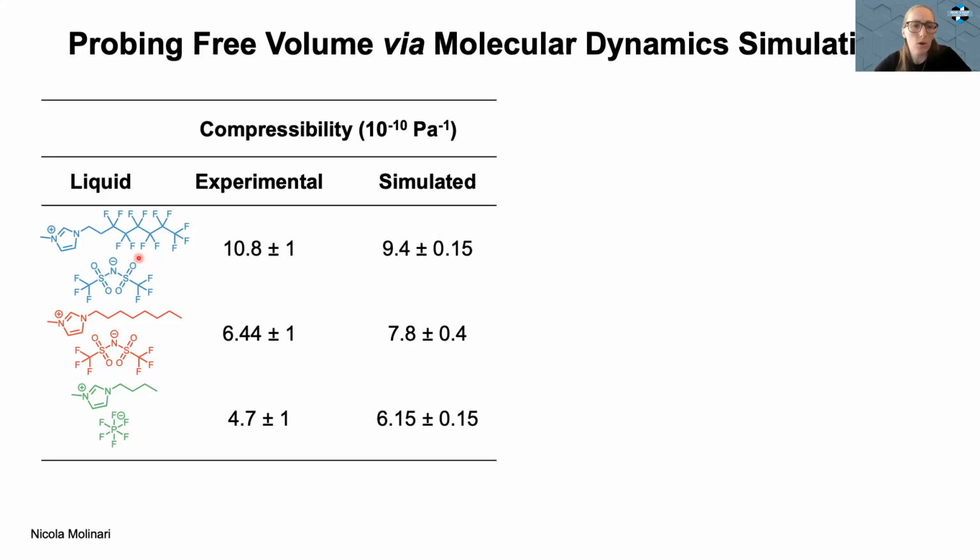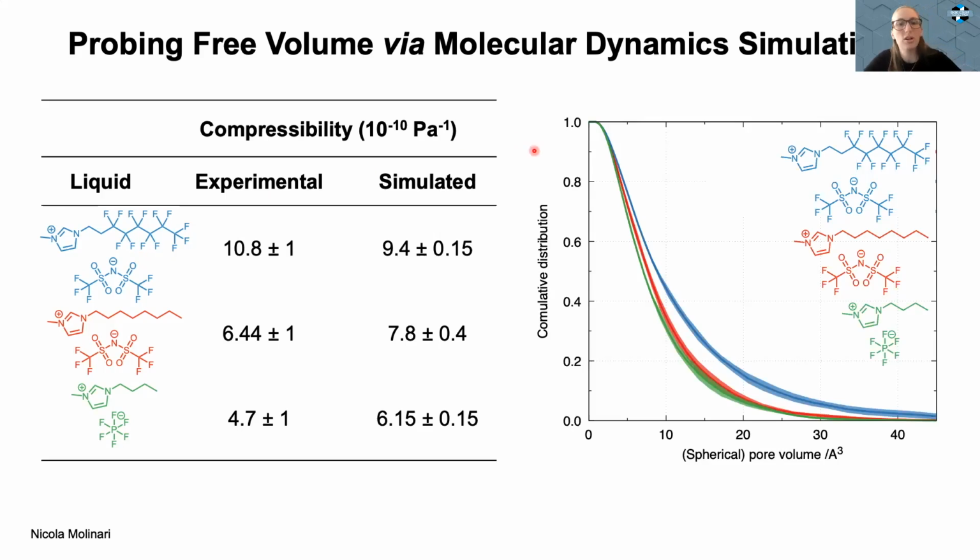Then Nicola went one step further and actually simulated the void distribution of the ionic liquids. Here, I'm showing the relative proportion of voids in each ionic liquid as a function of size. The important thing to notice is that the blue ionic liquid, which has the highest compressibility and the highest oxygen solubility, also has a void distribution that's shifted towards larger voids.